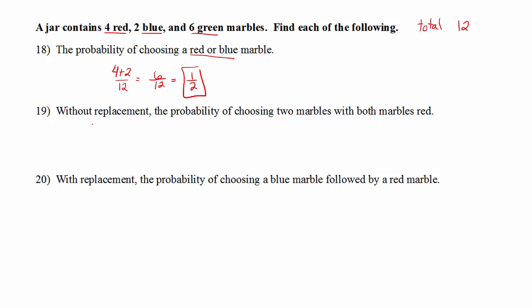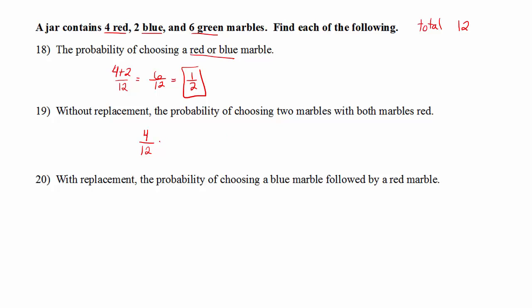This next one, 19, says without replacement, the probability of choosing 2 marbles with both marbles red. Well, if we are not replacing the marbles, that means after I pick the first marble to be red, then I don't have that marble anymore. So the first one being red is 4 out of 12 because there's 4 red marbles and there's 12 total.